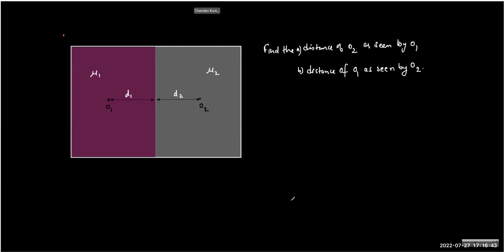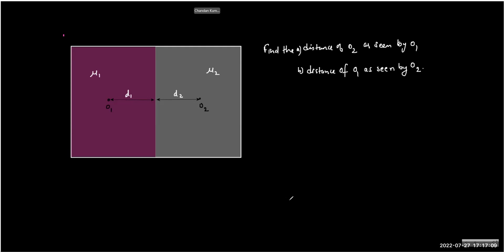So when O1 is the observer, which distance will appear as it is? When you enter the water, you can see the inside easily, right? Clearly, without any apparent change. The apparent depth only happens when the light suffers a refraction.